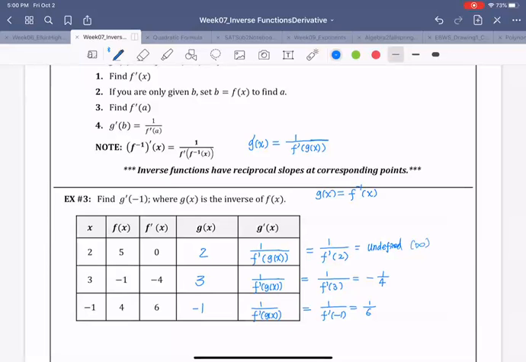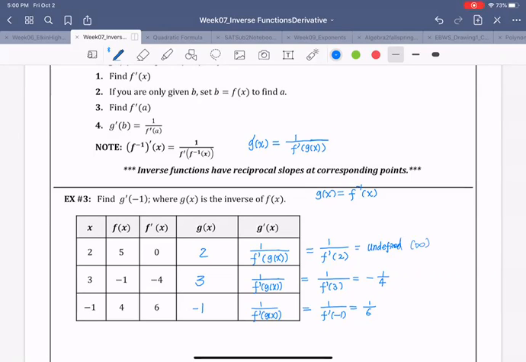If you want me to do g prime of 2 or something, I can do that. Wait, no, we did all of them. Hold on. I did g prime of 2 and g prime of 3 for you, so I can do g prime of -1 because that's the actual one that I haven't solved by myself yet.